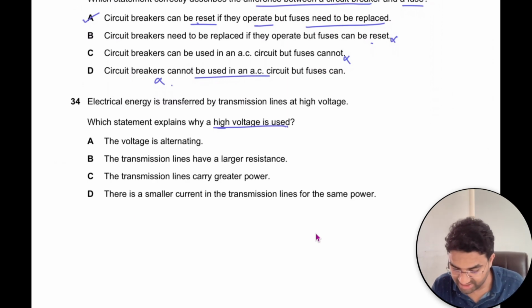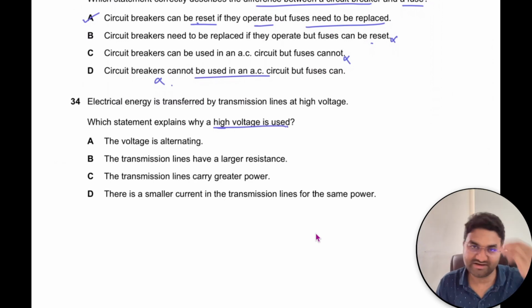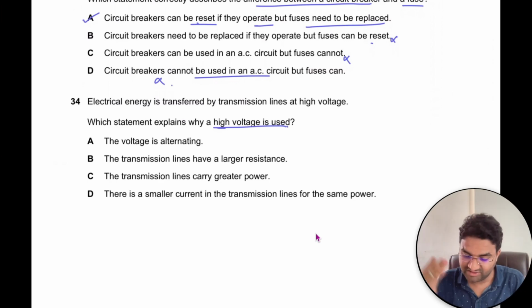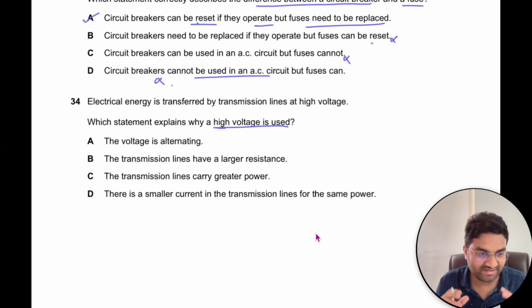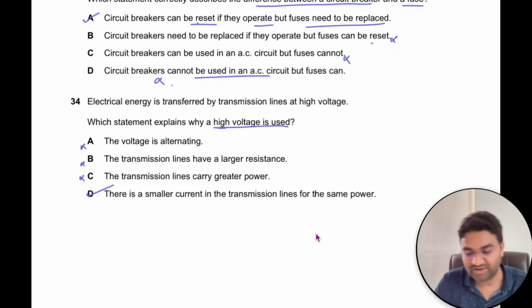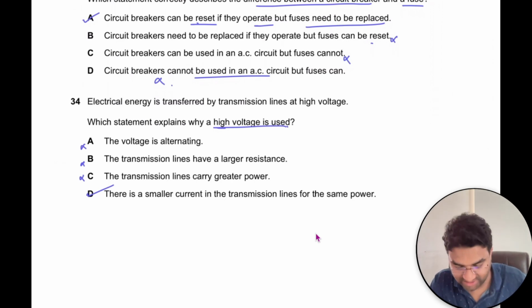There is a smaller current in the transmission line for the same power. Fine, so basically in the electrical transmission line we use high voltage because of the smaller current. That's one reason we can say. So this is the option, and the above three are not correct straight away.